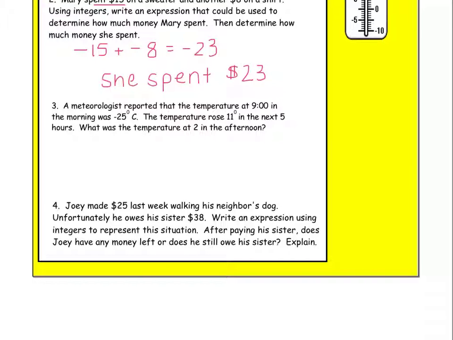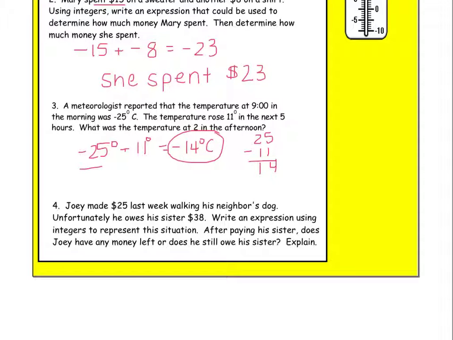So what we're going to have to do is take the negative 25 degrees Celsius and add the 11 degrees and see what we come up with. I'm going to do 25 minus 11. We get 14, and since the bigger number is negative, we're going to end up with negative 14 degrees Celsius.